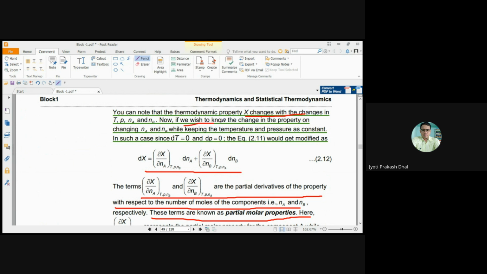Now, if we wish to change the property on changing Na and Nb while keeping the temperature and pressure constant, that means if we consider only the change in number of moles of A and B, keeping temperature and pressure constant, then dT will be equal to 0 and dP will be equal to 0.